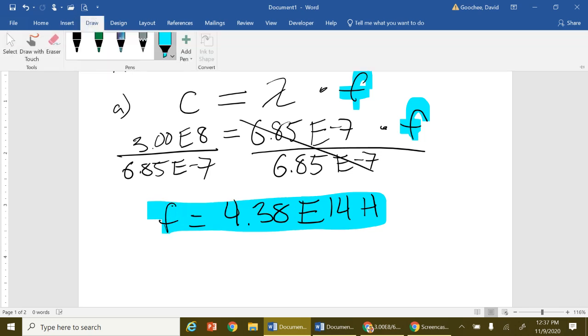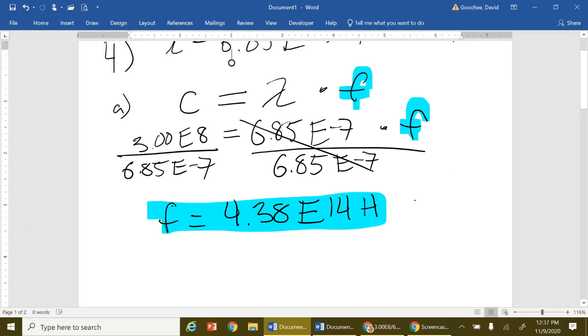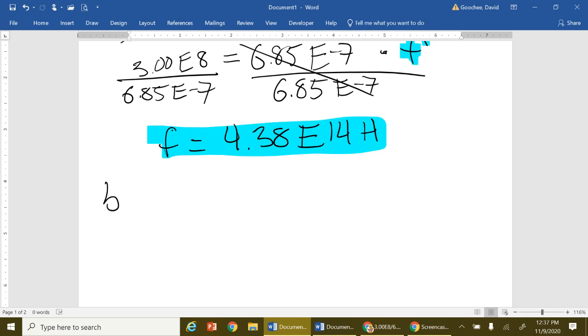So we got the frequency. Now we can use the energy equation. The energy equals the frequency times Planck's constant.